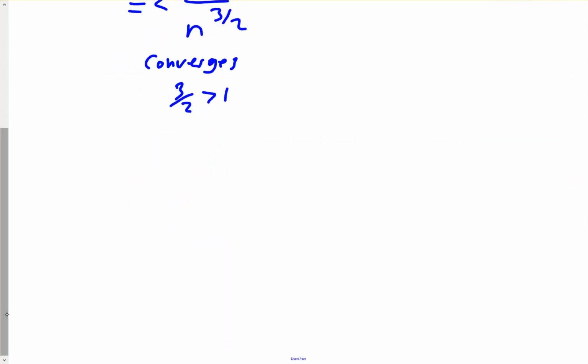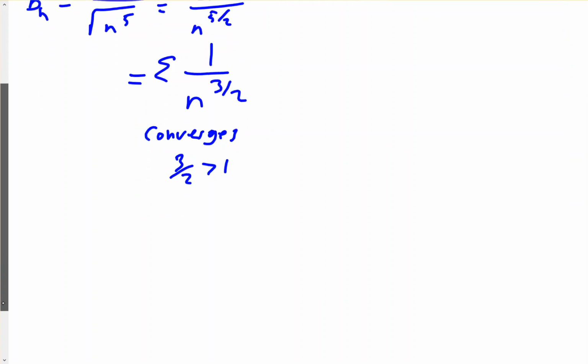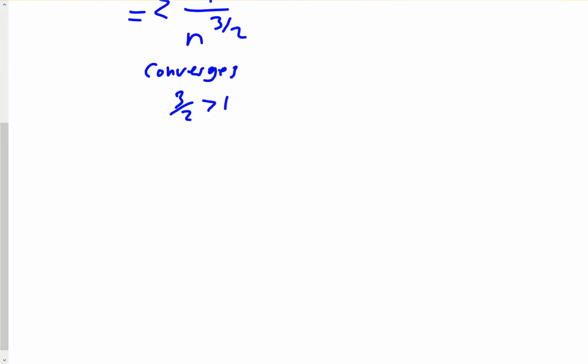This is where we would take our an, which is our original series, divided by bn. Okay, and we take the limit as n approaches infinity.